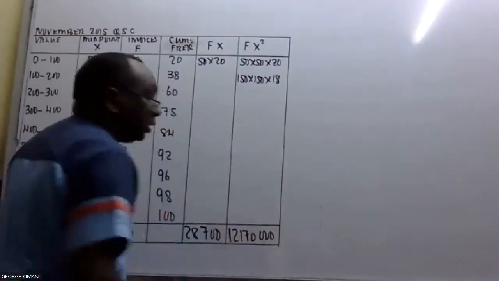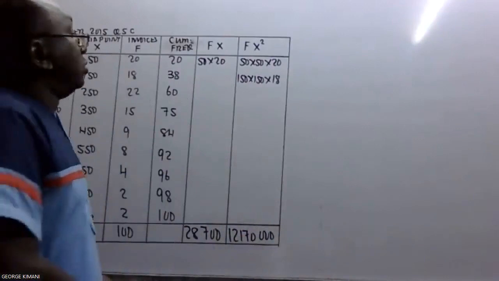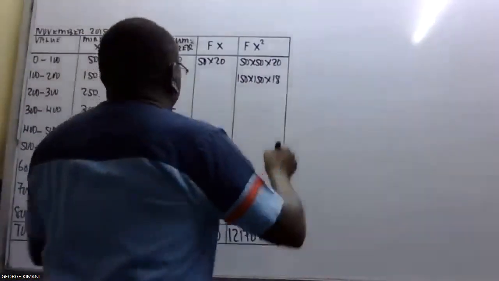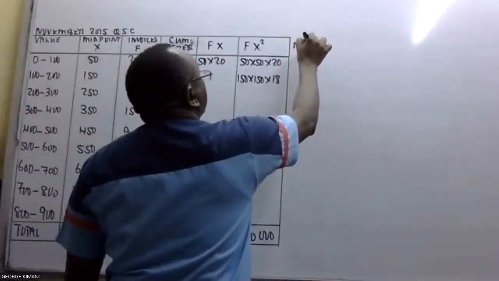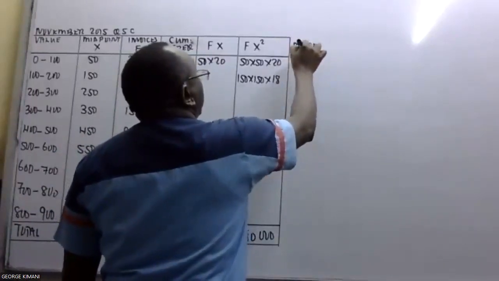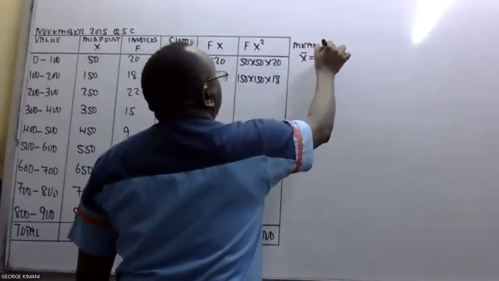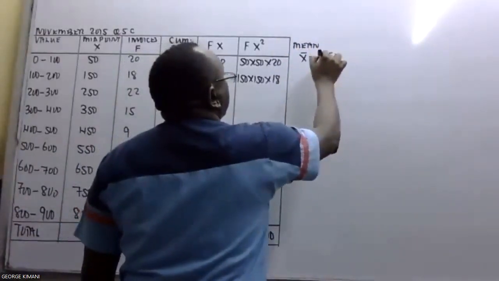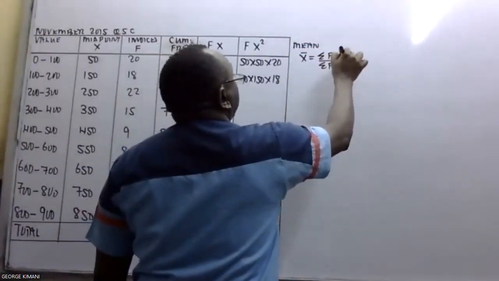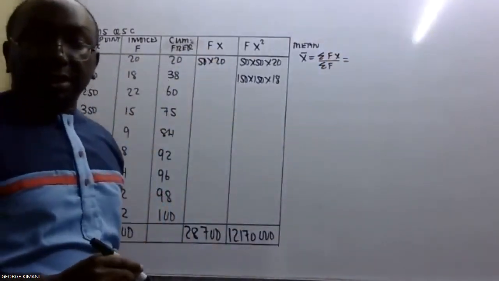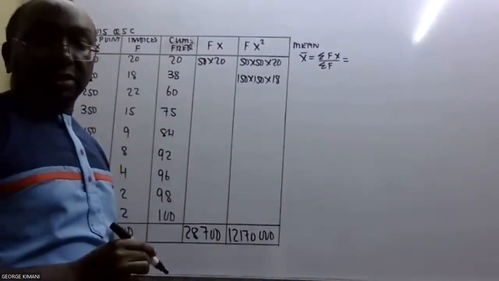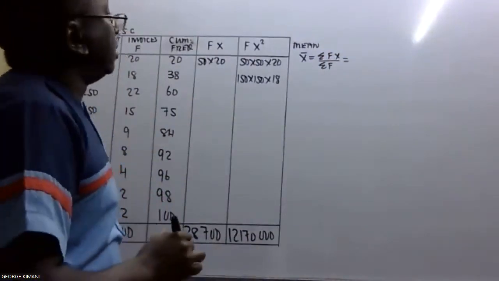Good. So what I want us to do using this data, number one is to remind ourselves how to compute the mean. X bar is sum of fx, we divide by sum of f. That's how we compute the mean. Good. Confirmed.